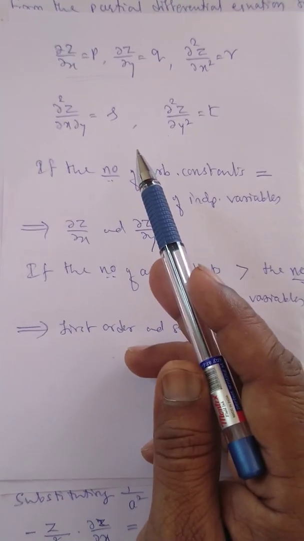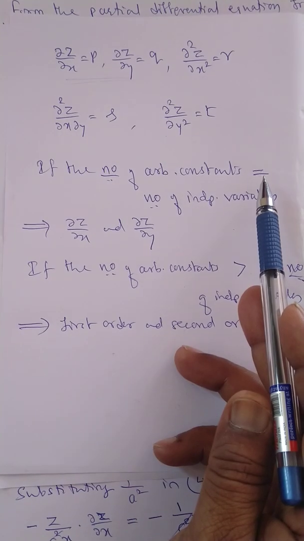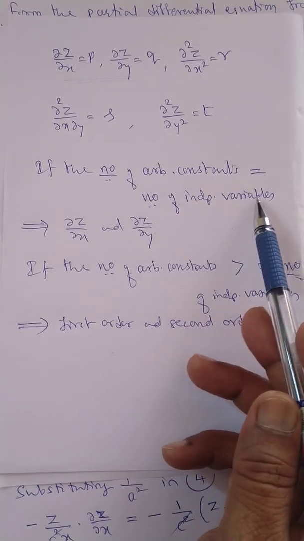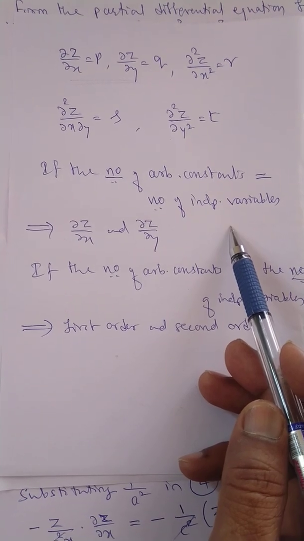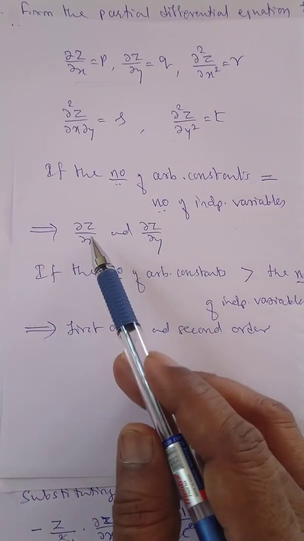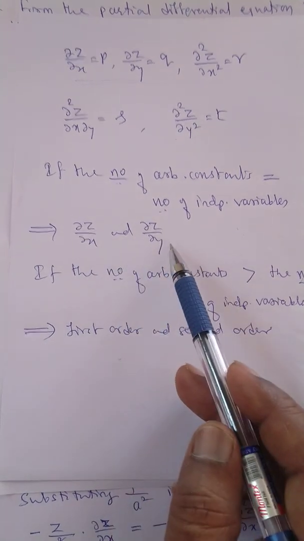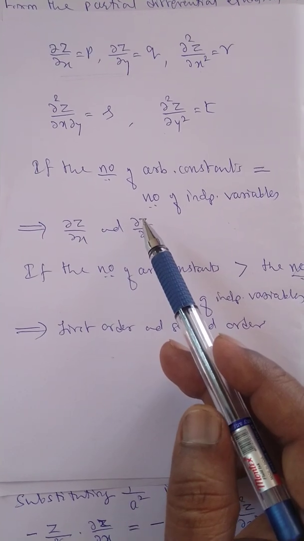If the number of arbitrary constants is equal to the number of independent variables, then we get first order partial differential equations. In this we calculate only the first order partial derivatives, and by calculating them we are able to eliminate the arbitrary constants.